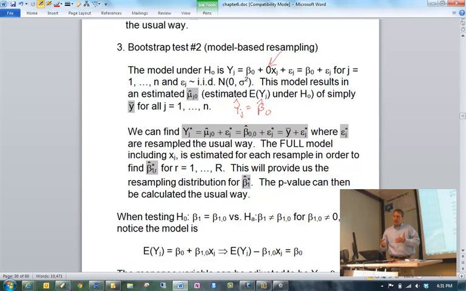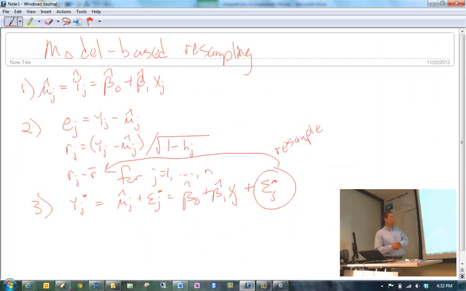So then, once I have my estimated model under the null hypothesis with my observed data, I need to use that information to form my y stars. Again, remember how we would do this normally when we're just taking resamples in the normal way. We estimate our mu hat. We use that to find our residuals, our modified residuals, and our mean-adjusted modified residuals. And finally, we form y_j star by taking this mu hat under our model plus the epsilon_j stars, which are resampled from these.